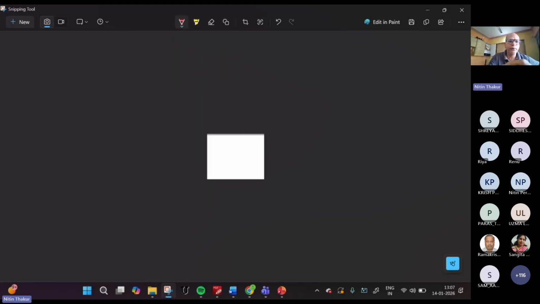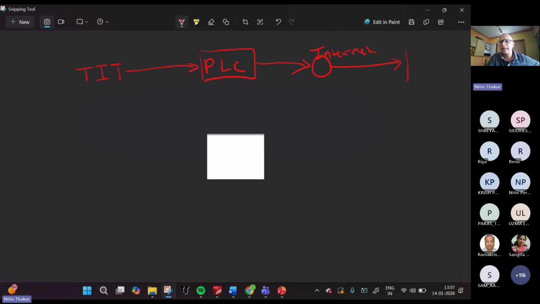So let's say a temperature transmitter, TIT, sends the signal to a PLC. PLC sends the data to the internet, and then the internet stores the data on the cloud.